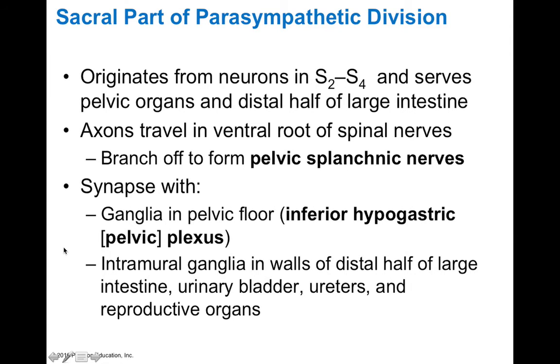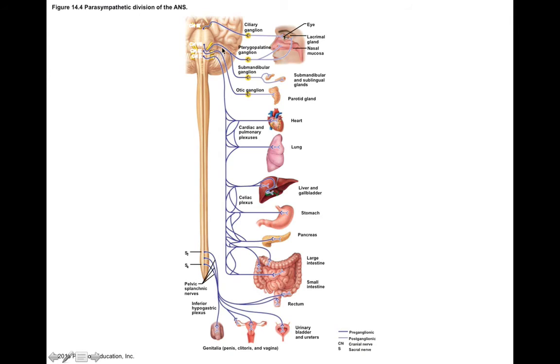So just to summarize, the parasympathetic nervous system, remember it's craniosacral, and so there are actually 4 cranial nerves that give rise to parasympathetic information. So we have our oculomotor, which is 3, facial, which is 7, glossopharyngeal, which is 9, and then vagus, which is 10.